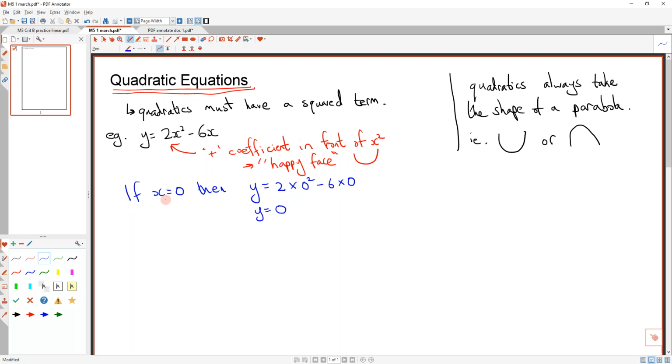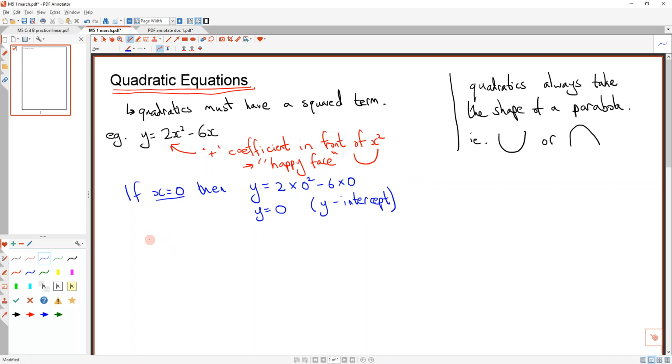So this is telling us, when we're looking at x equal to 0, this is producing our y-intercept. So this is one point that we have already, x 0, y 0. What else could we do?